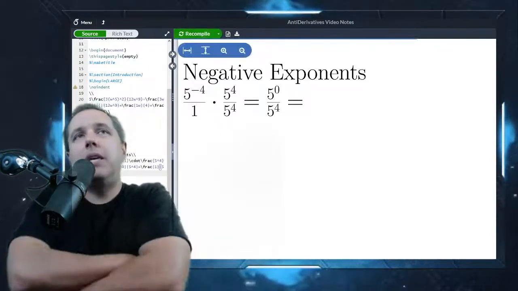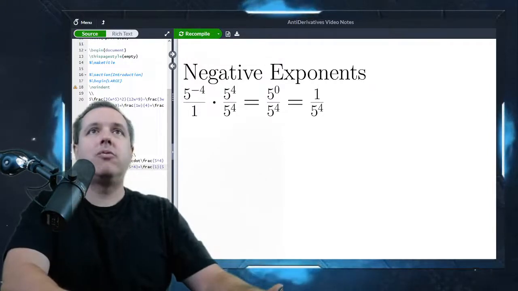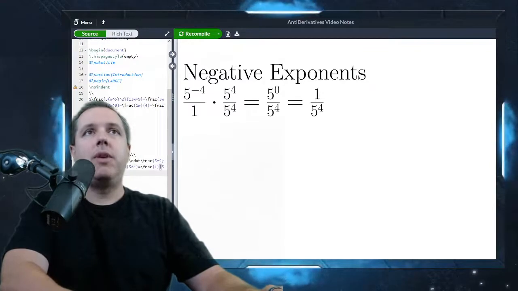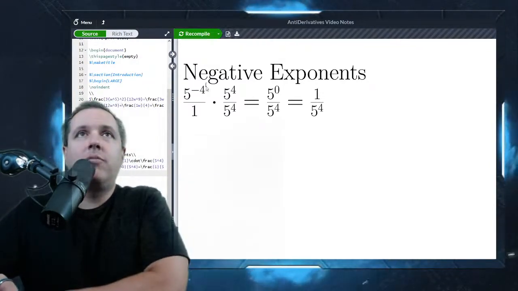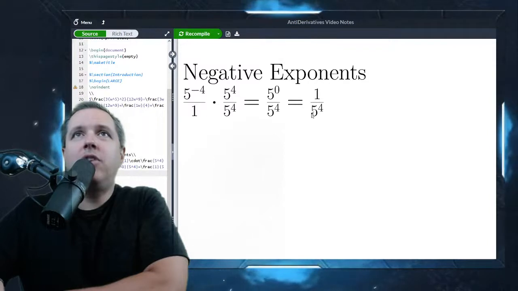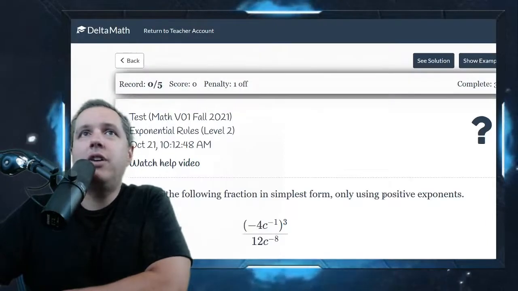Okay, so look at the beginning of this problem, right? What we really started with was the number 5 to the negative fourth in the numerator. And when we simplified everything, we ended up with 5 to the fourth in the denominator. Remember those directions we had over here?